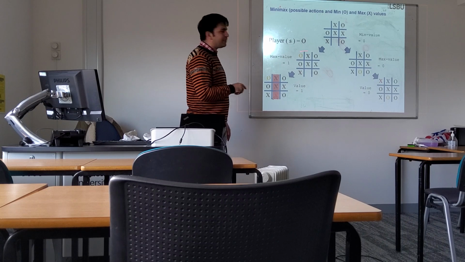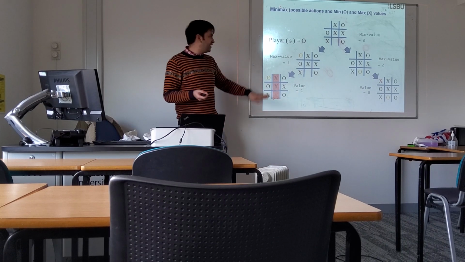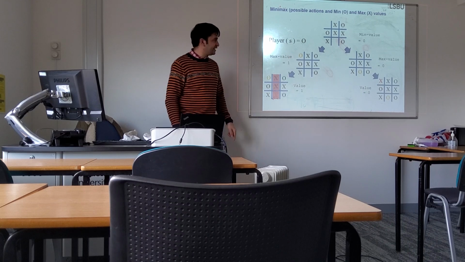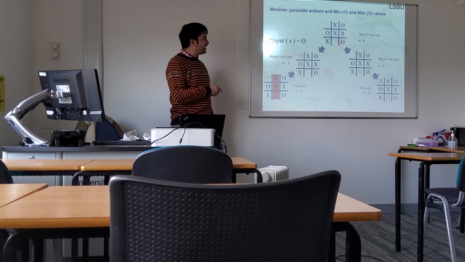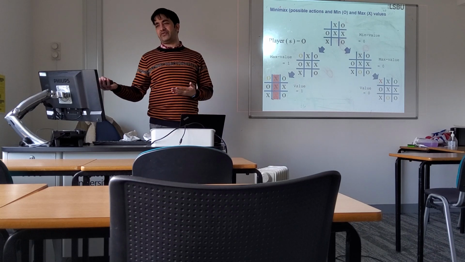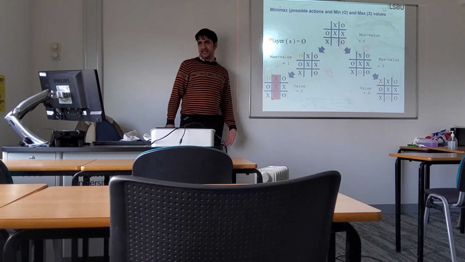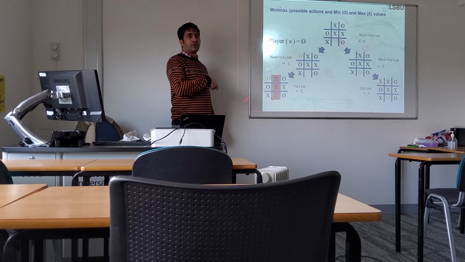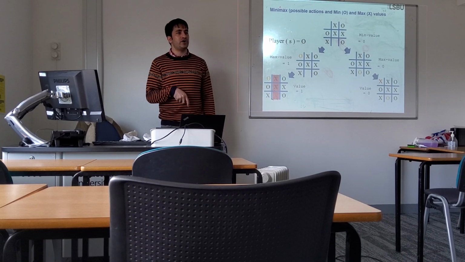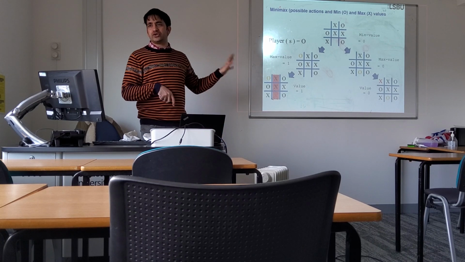However, if, for example, min has chosen the wrong move and put it here, it means that here it has maximized the opportunity for the cross player, the max player, to win, and clearly you can see that in the next move it will win. So this is not a possibility for player circle for the movement.